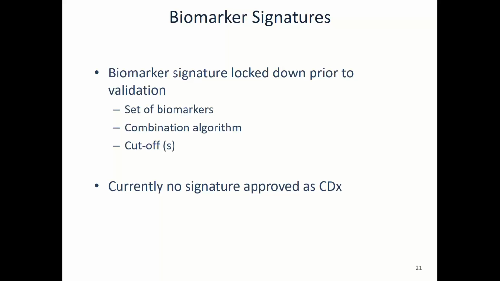I want to point out that for the moment, among these companion diagnostics, there's no true biomarker signature yet. There are, of course, companion diagnostics that are multi-gene, based on next generation sequencing, that measure several genes or several alterations within the same gene, but that's not the same as a signature.